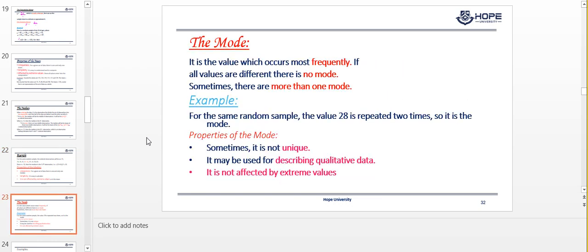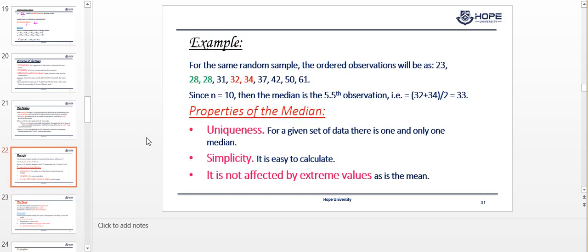Mode is the value which occurs most frequently, which means having the highest count or a repeated number. If all values are different there is no mode, and sometimes there is more than one mode. For example, in this random sample, the value 28 is repeated 2 times, which means this is the mode.